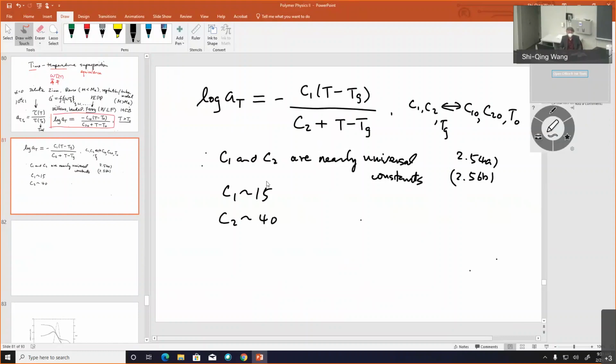That fits most polymers. Don't take me literally, I'm only giving a small sense of it. Not accurate. Whereas if you choose T0, then C10, C20 go all over the board. So we'll, for example, do some homework by knowing this.